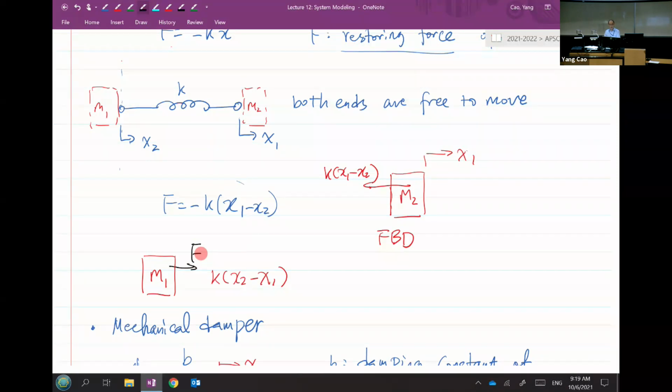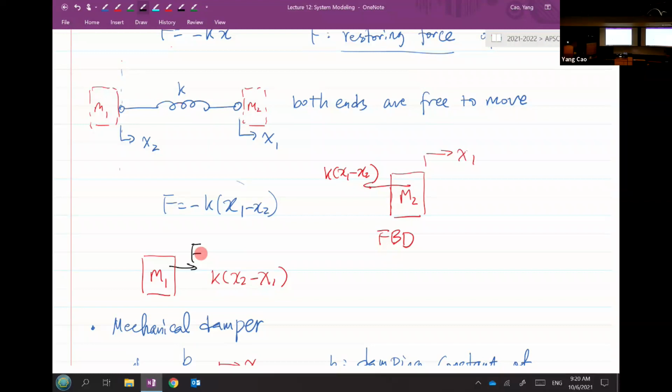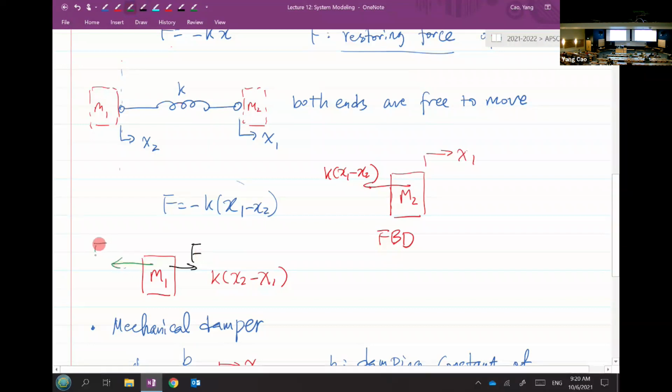Anybody disagree? Yes. Okay, so it should go this way. Okay, and there are two ways, right? Which way should it be?